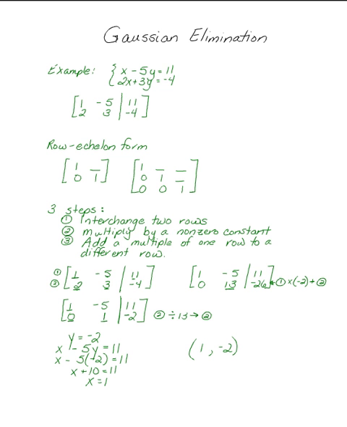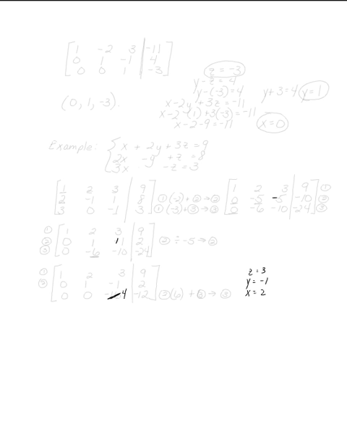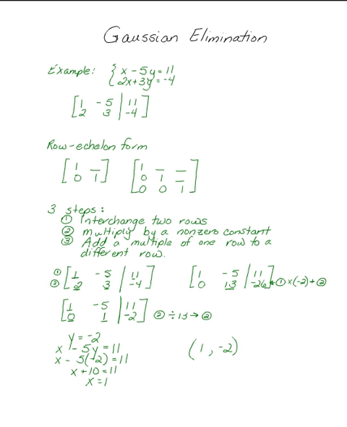Negative 1 times negative 5 is positive 5. Plus negative 10 gets me a negative 5. And 4 times negative 5 is negative 20. Plus 35 is 15. Okay?